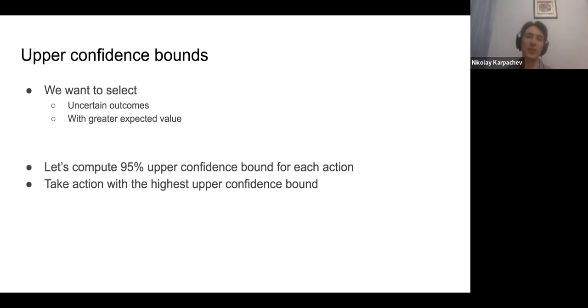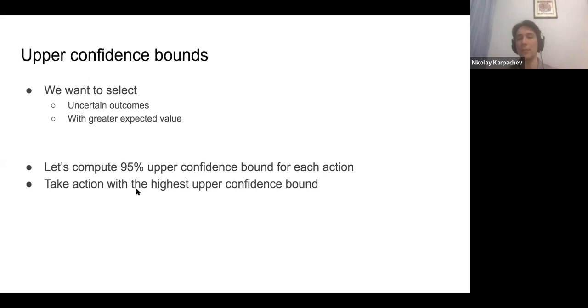And if the action is with high uncertainty but with low expected value, then this upper bound will nevertheless be lower. So informally speaking, it's assuming the best possible reasonable outcome for each action. And once we know how to estimate these 95% upper confidence bounds, we should take the action with the highest bound.